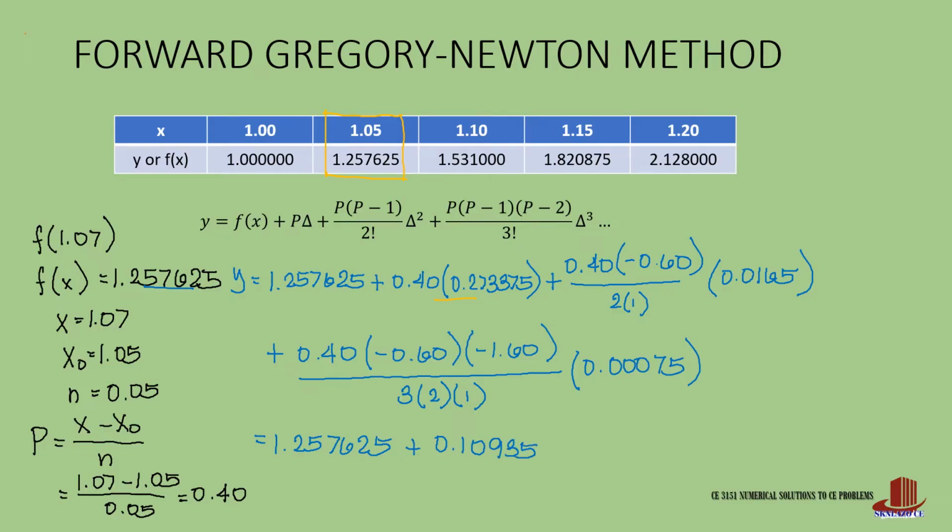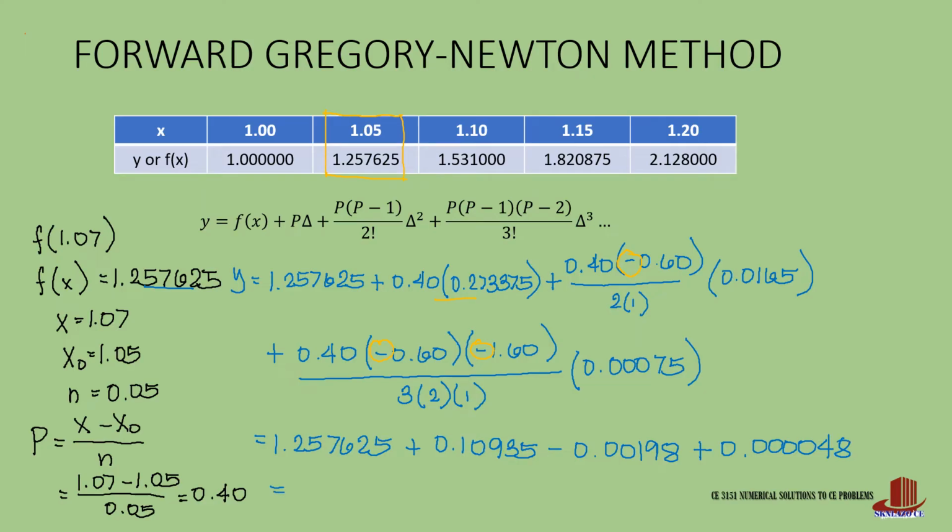And observe that for the next term, we have a negative 0.6, making the whole term simplified as minus 0.00198. And the last term would have 2 negatives. Thus, we work with a positive 0.00048.